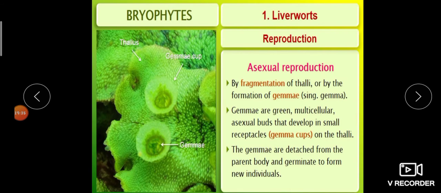Then there is the formation of gemmae. Look at the picture. The green part is the thallus, the plant body. Here a cup-shaped structure is formed, called the gemma cup, present on the thallus of the liverwort.